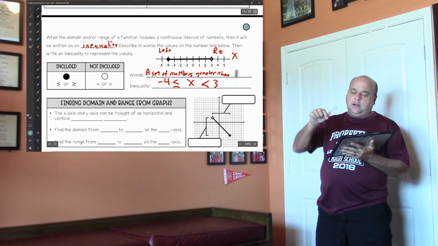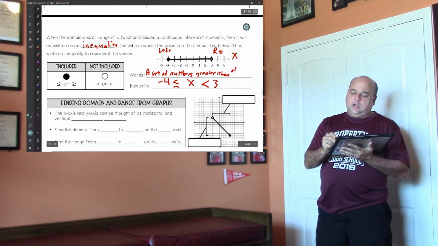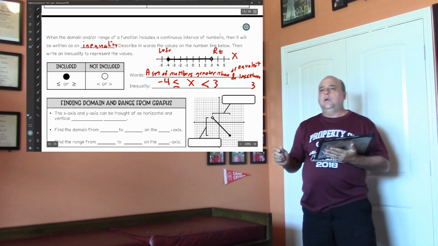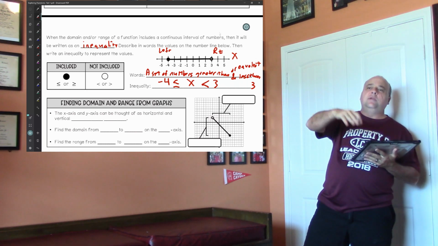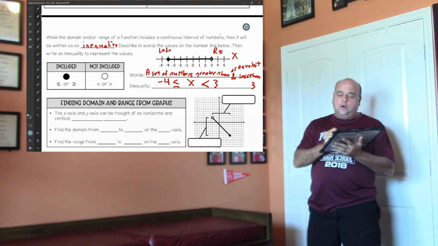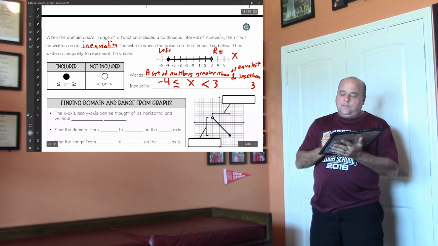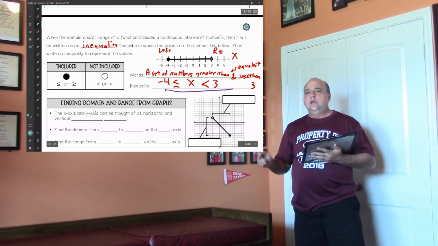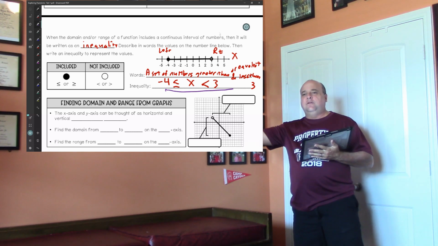This is going to be hard to write down in words here. And less than 3. Okay? So basically it's the numbers from negative 4 to 3, not including 3. Okay? And you're going to write that down. This is important. This is how you're going to write this down. So that would mean the numbers between negative 4 and 3.